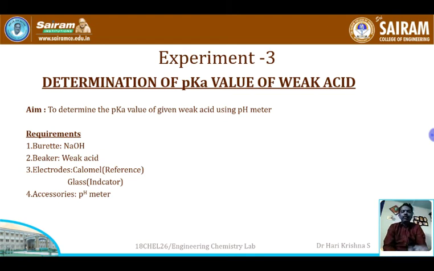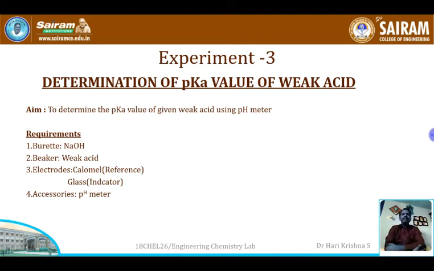This acid dissociation constant is available only for weak acids and not for strong acids. Therefore, pKa can be determined only for weak acids. This is the first point.